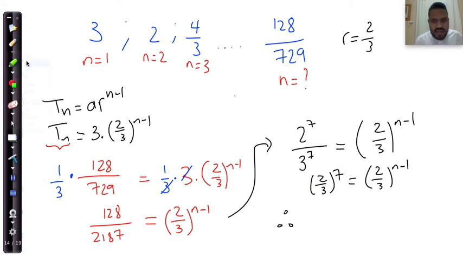And we can say that 7 is equal to n minus 1, and therefore n is equal to 8. Right. And what you can do now is take this 8, substitute it in there, and then you can double check on your calculator if you get 128 over 729. And there we go.